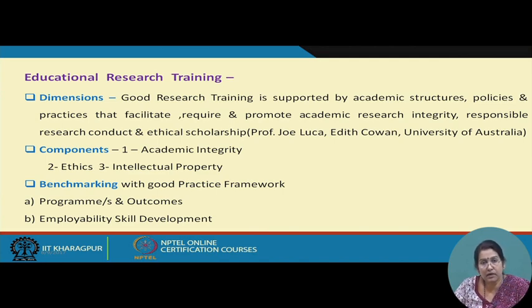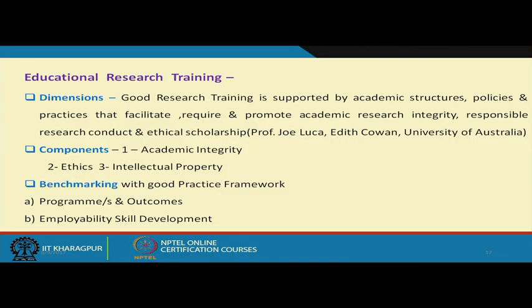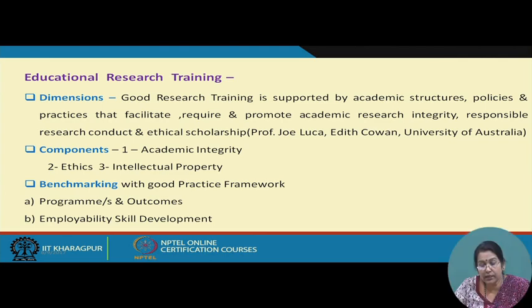Their policies are very pro-research, and their practices are also very research friendly. The atmosphere and environment they have created are research friendly, and which facilitates good research training. It also requires and promotes academic research integrity.